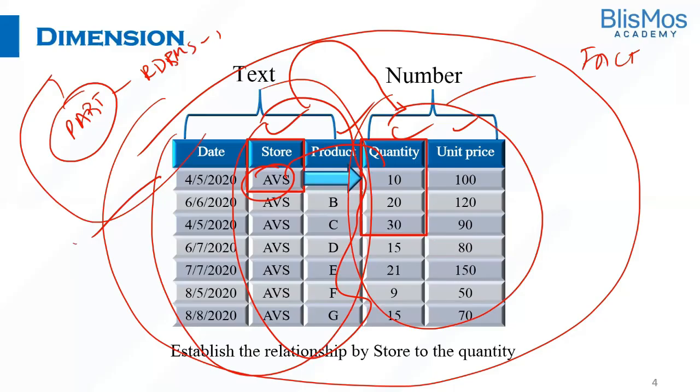That is where we establish a relationship between store and the quantity. I hope it is clear how we can categorize the data in a transactional processing table into dimension data and fact data. Let us extend this with one more important example.